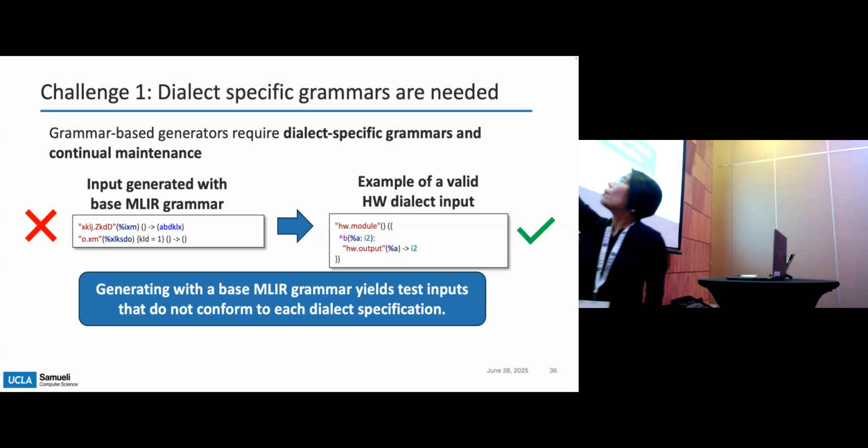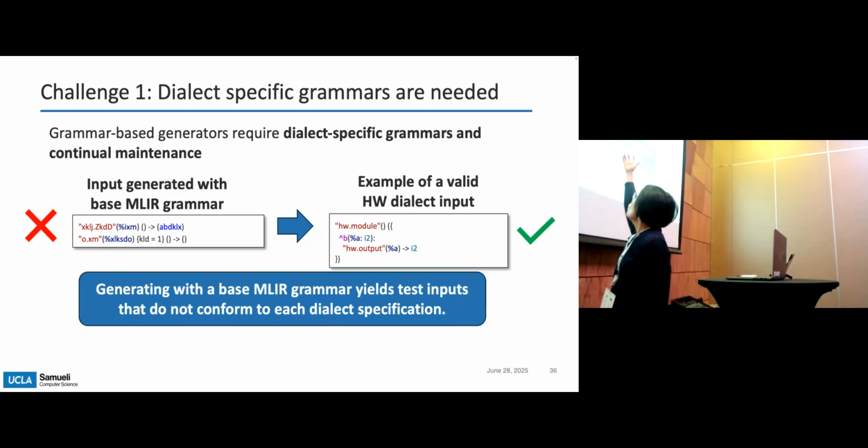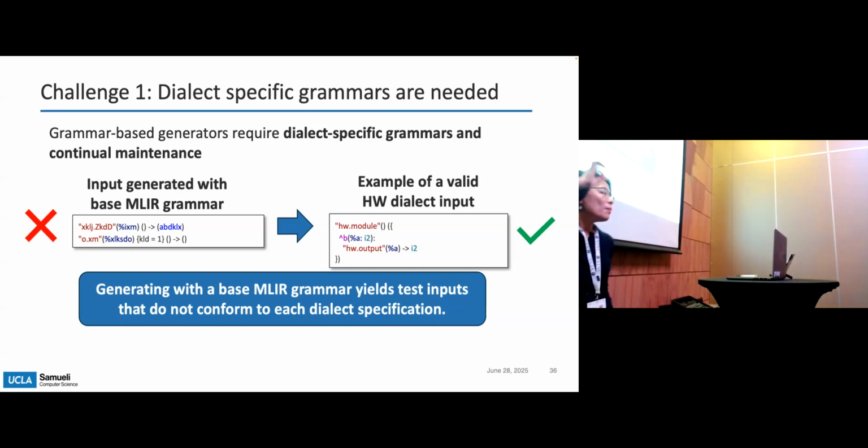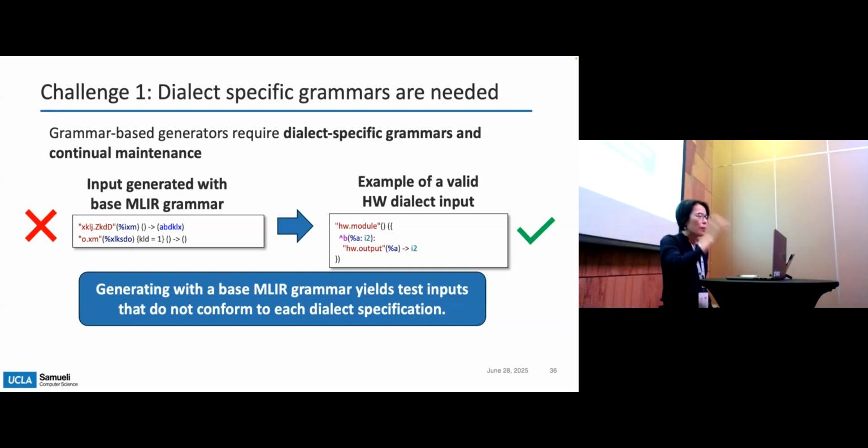MLIR is a base format, just like JSON, but if you use it that way, the operations make no sense. What you need is something like a hardware dialect where an operation means a hardware module or hardware output.